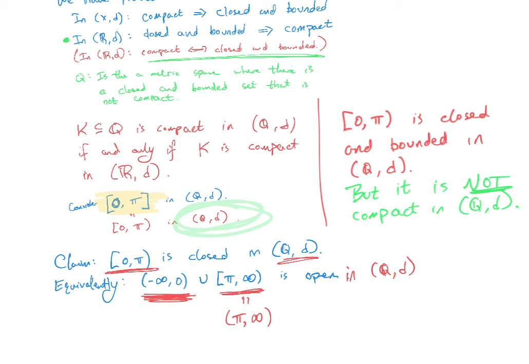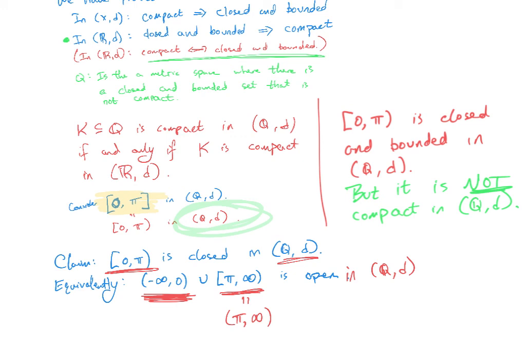A set is bounded in the reals if and only if it's bounded in the rationals. Compactness doesn't change because we've already proved a lecture or two ago that compactness is intrinsic. So that can't change when we switch between the rationals and the reals. But closedness can change.